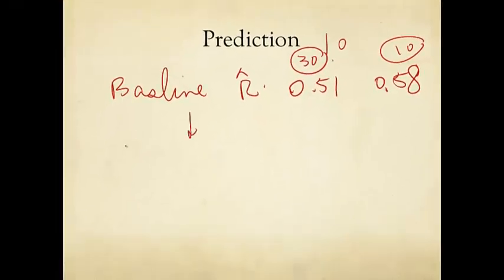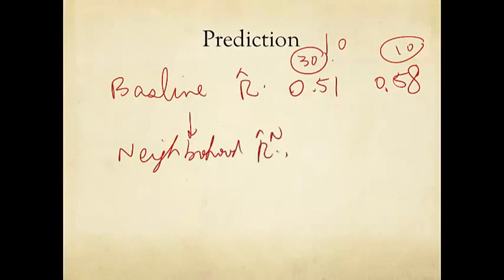But this gets improved in the neighborhood predictor R hat n, where the overall root mean square error for the training data is as small as 0.32, and for the 10 test data is also smaller, 0.54.